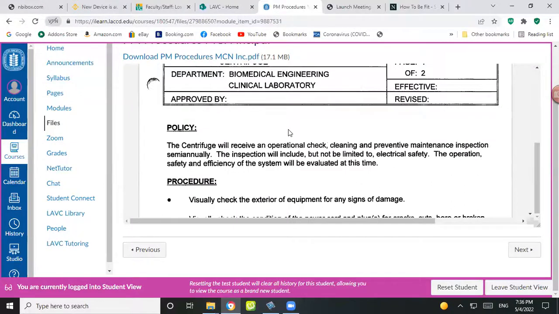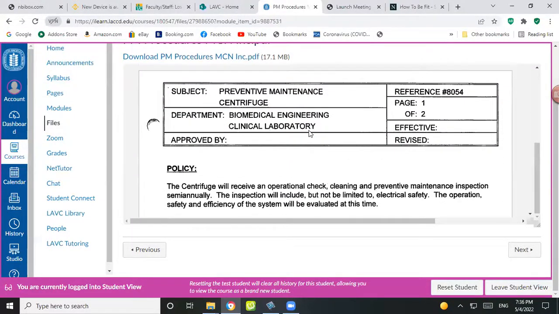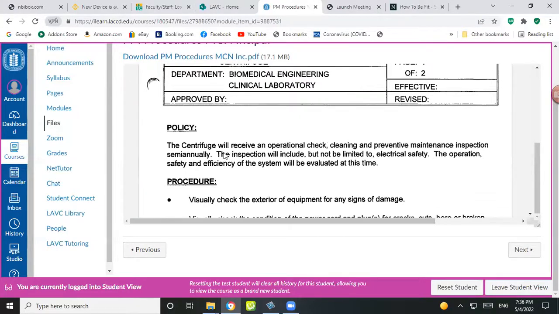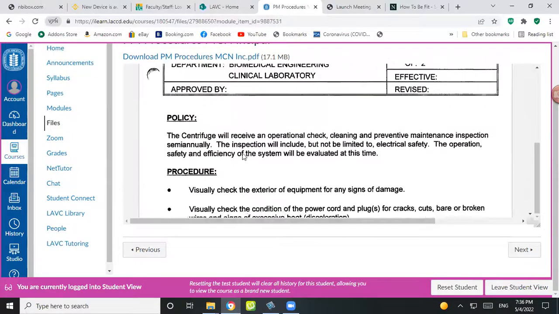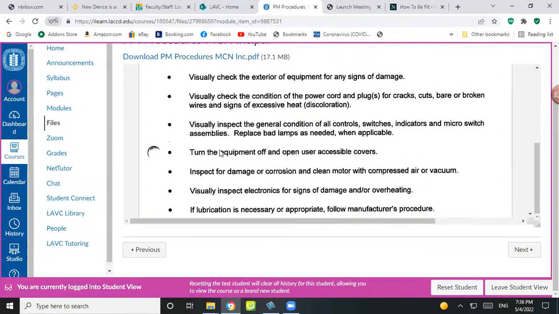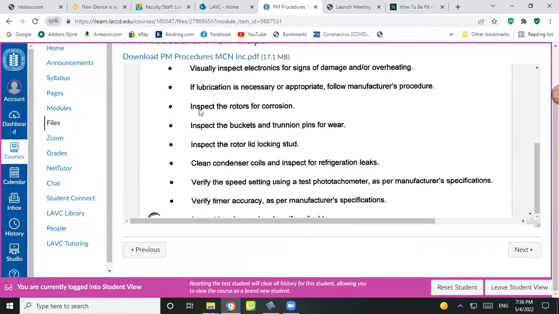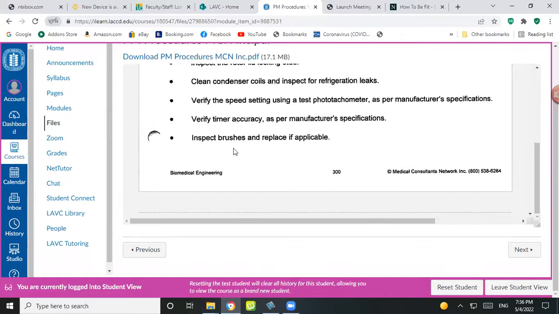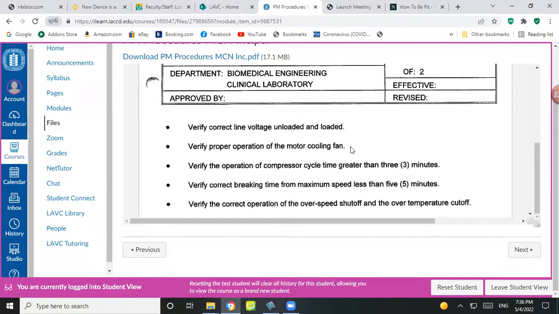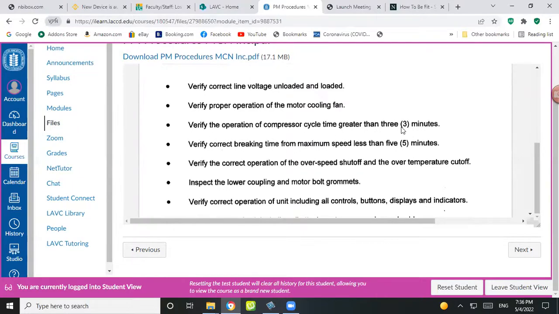This has 2 pages. It gives you some idea that if you have to do preventive maintenance on a centrifuge and you don't have the service manual for that particular type, you can come over here and take a look at this procedure. This preventive maintenance inspection procedure for the centrifuge gives you a general idea of what you should do, so at least you have some reference to go to.